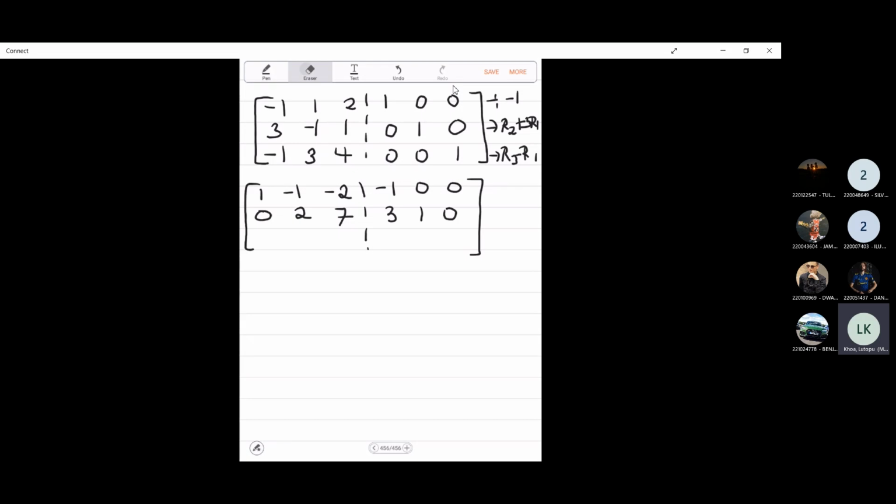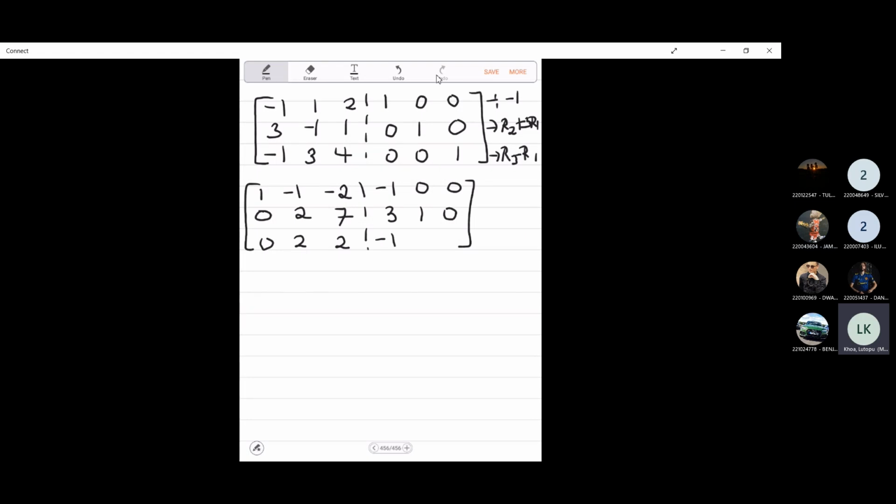Okay, let me just move this closer. Then here we said row 3 minus row 1, so minus 1 minus negative 1, this is 0. Then 3 minus 1, this is 2. Then 4 minus 2, that is 2. And then 0 minus 1, this is minus 1.